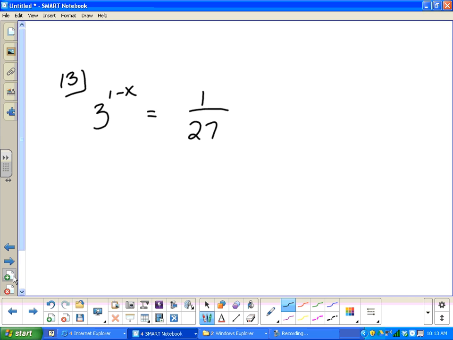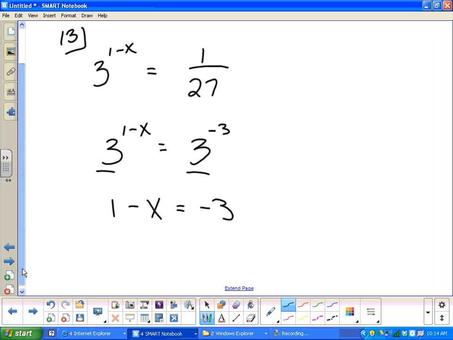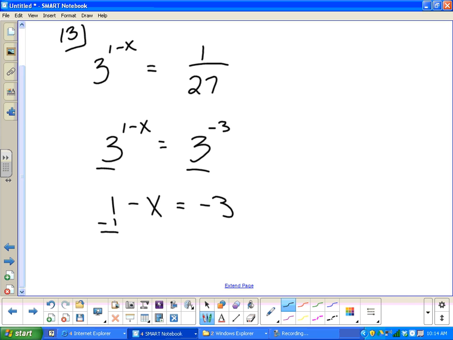So we can write this as 3 to the negative 3rd power. And so now, if my bases are the same, then my exponents should be equal. Let's just solve that real quick. Subtract 1, that's going to give me negative 4, so x will be 4.